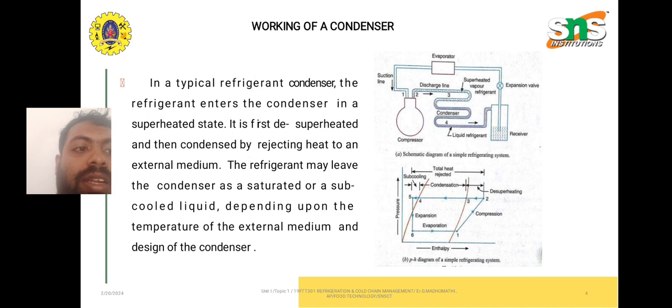In this, the heat is rejected in the condenser and absorbed in the evaporator, where the refrigerant gets evaporated. Here the cooling takes place in the condenser and heating takes place in the evaporator.